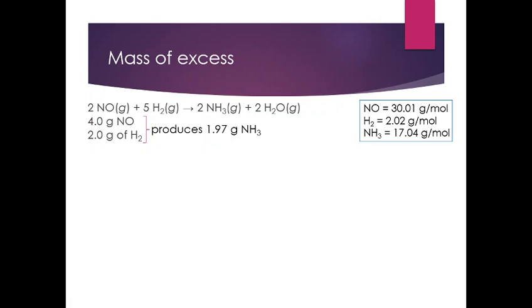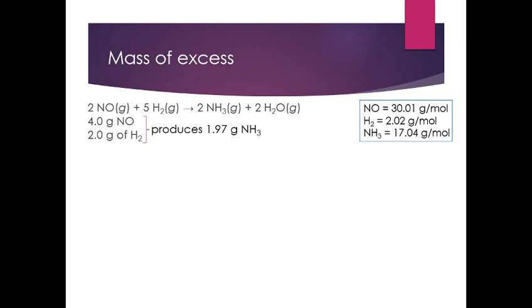The first step is to convert your grams of NO into grams of NH3. This is why I gave you the molar mass of this stuff. We can't do anything with grams. Grams will not tell you diddly squat. So you need to convert your grams of NO into moles of NO. Then from moles of NO, we have a balanced chemical equation that tells us the relationship between moles of NO and moles of NH3.